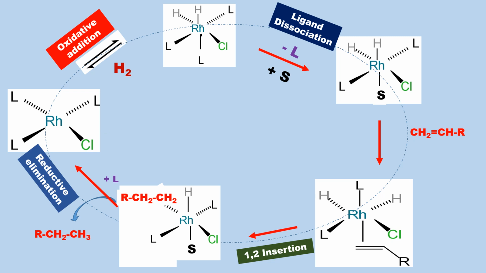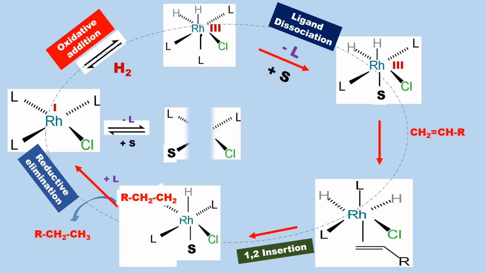There is another route we will explain now. It was asked in CSIR. I am showing the oxidation state. Now it can also go in this route to this stage. How? See, in the first step, it undergoes ligand dissociation.